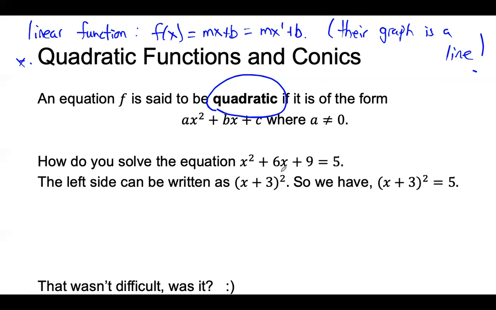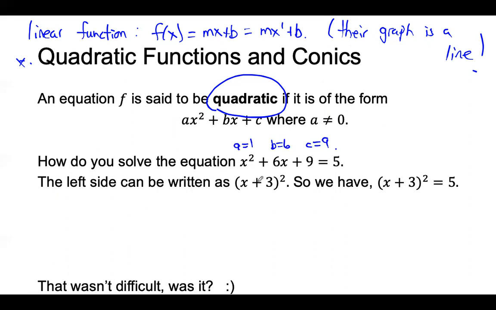Okay, so how do we solve x squared plus 6x plus 9 equals 5? Well, here, what do we see? We see a equals 1, b equals 6, and c equals 9. So we have an idea. We can rearrange it, sort of.